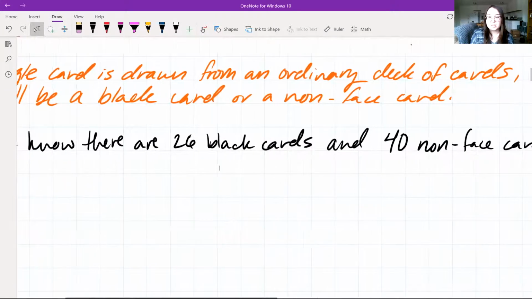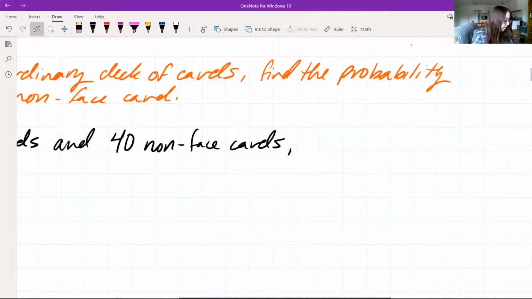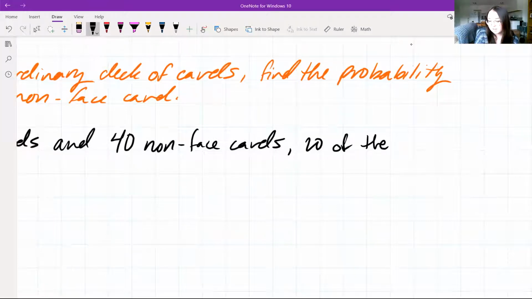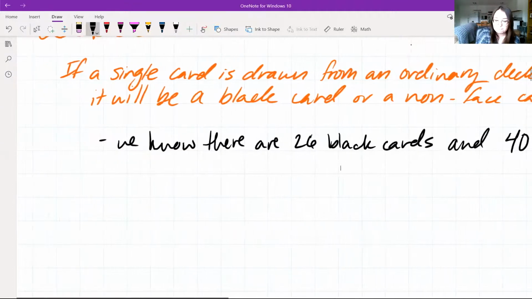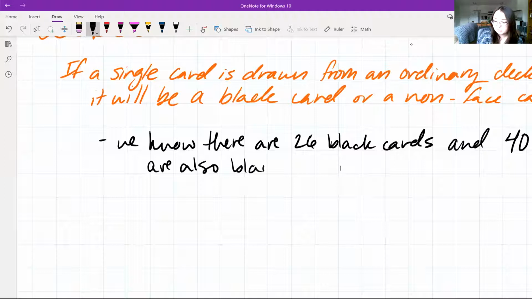So even though we found that there are 26 black cards and 40 non-face cards, 20 of the non-face cards are also black cards. So they share 20 cards in common.